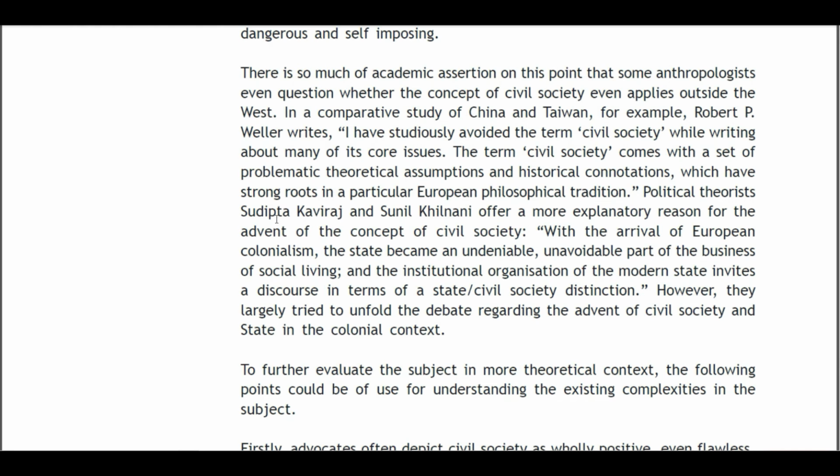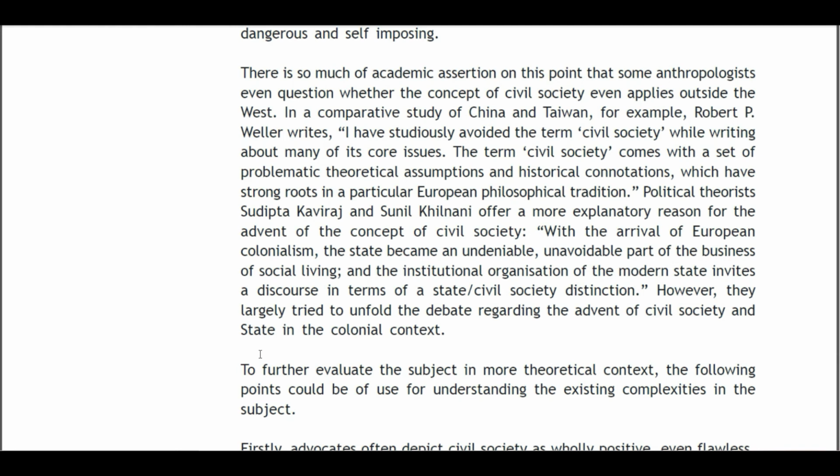Political theorists Sudipta Kaviraj and Sunil Khilnani offer a more explanatory reason for the advent of the concept of civil society. With the arrival of European colonialism, the state became an undeniable, unavoidable part of the business of social living, and the institutional organization of the modern state invites a discourse in terms of a state-civil society distinction.